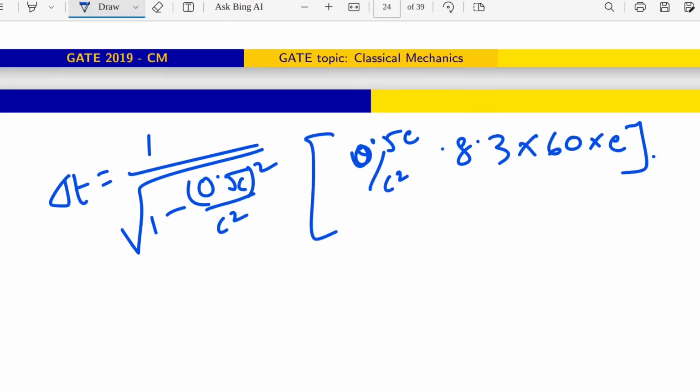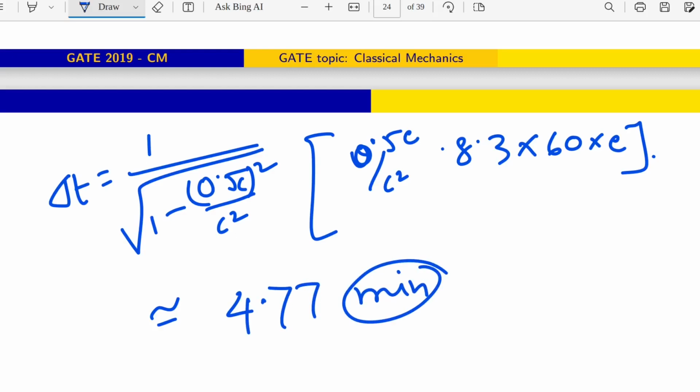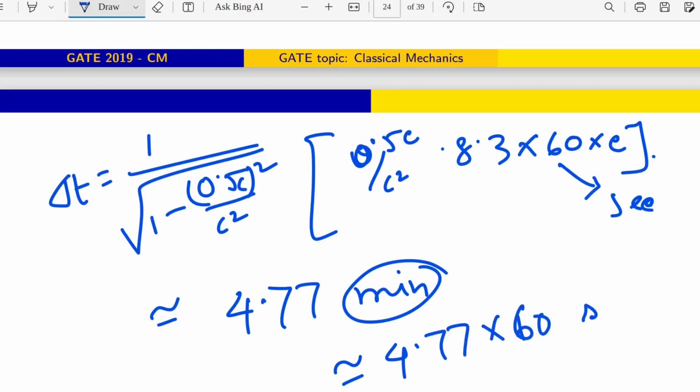If I calculate a little bit, I'm not going to calculate that explicitly, it will be like 4.77 or something. It will be 4.77 in minutes. Here it is in seconds, but if you do that a little bit, it will be in minutes, and it is nothing but 4.77 into 60 seconds.